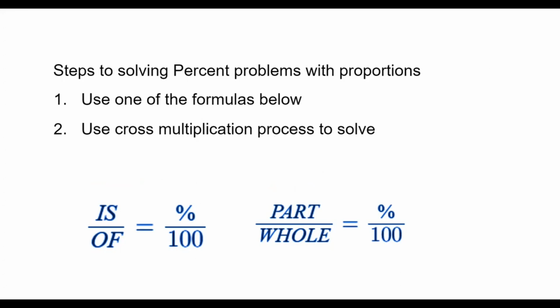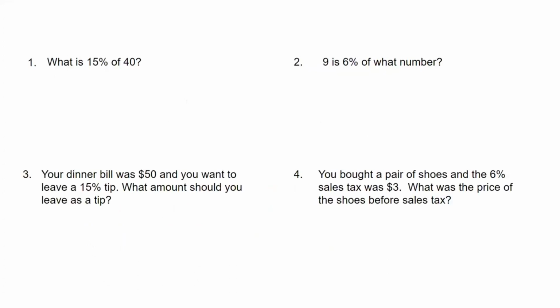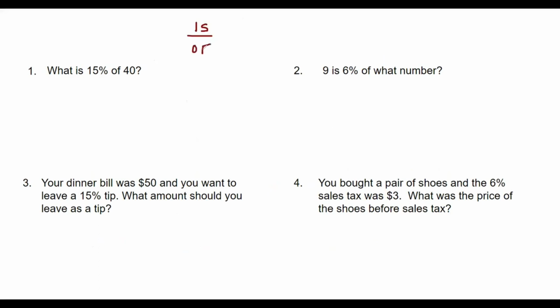Let's take a look at some sample problems. What is 15% of 40? Now remember that for a classic kind of problem like this, which is not really a word problem, it's just sort of a math question, you're probably going to want to use that formula. What is?